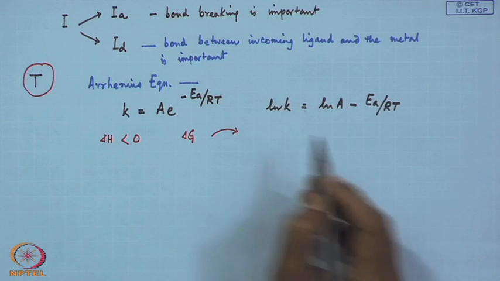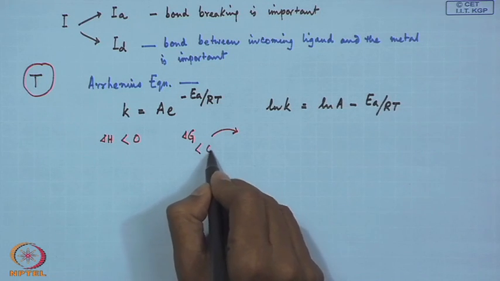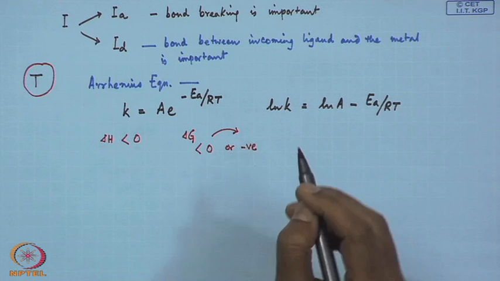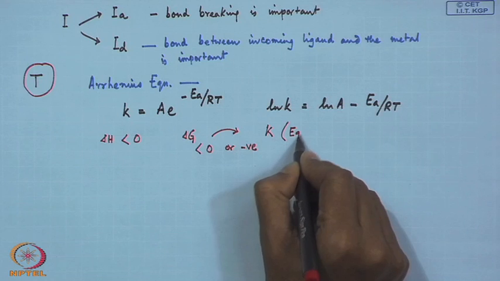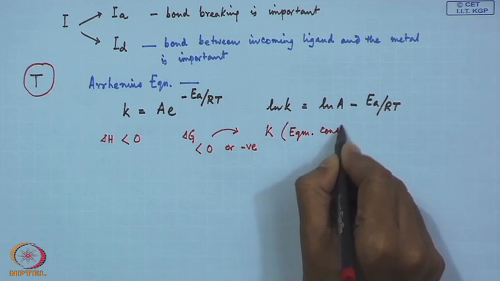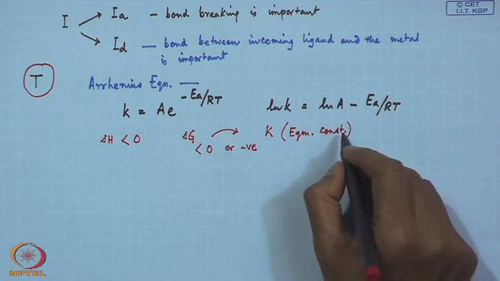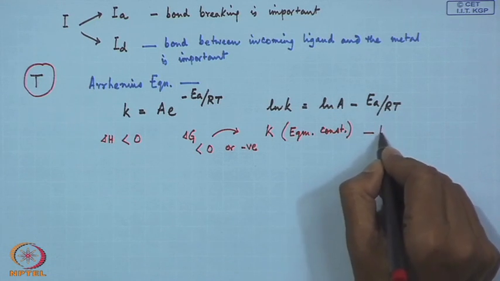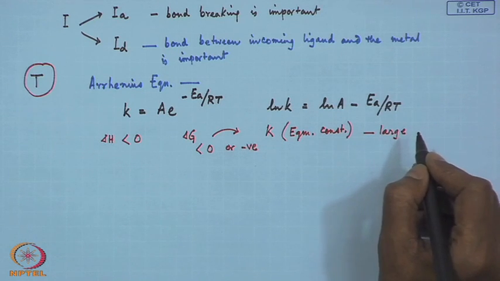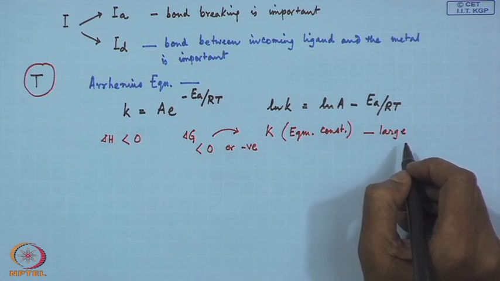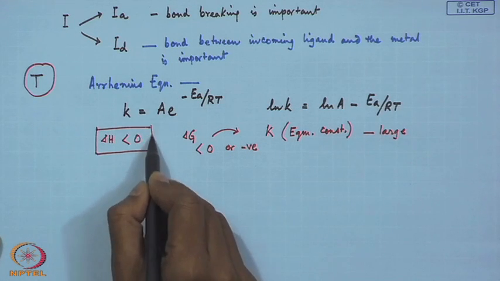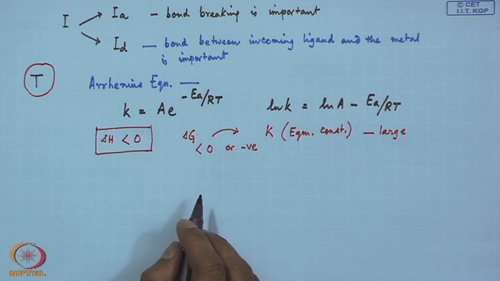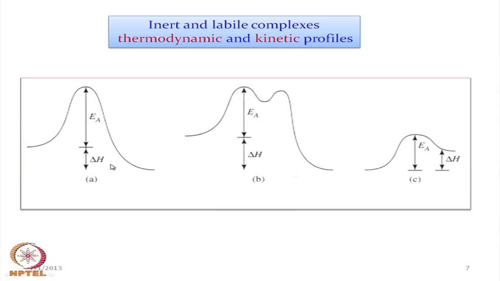And if this is negative, that is, less than 0, we can have the equilibrium constant K, and this equilibrium constant would be large. So, whenever delta H is less than 0, our delta G is also less than 0 and we have a large equilibrium constant.